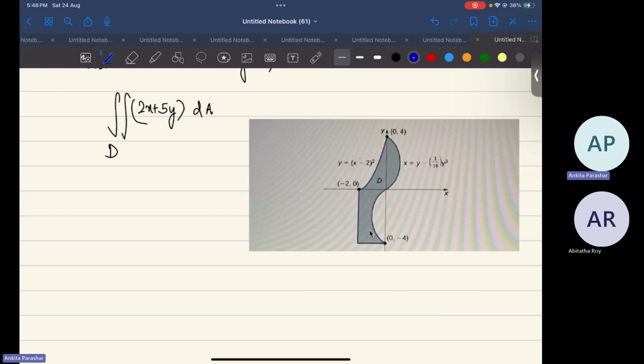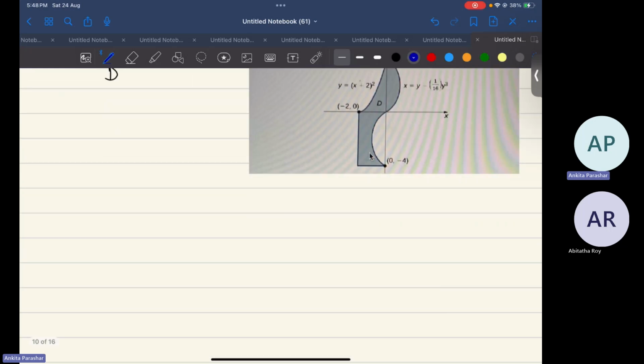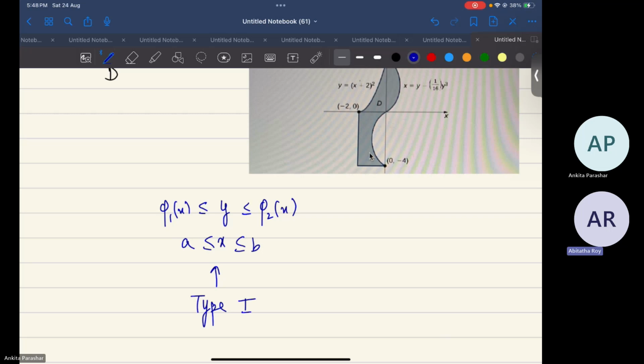Right, exactly right. Let me try to give you the essence of doing all this. As you said, y in terms of, let's say, a function of x, if I try to write and x is in a certain region, this is type 1, right? Yeah. And if I write a certain c less than y less than d, and I express x as a function of y, let's say h1(y), h2(y), this is type 2.